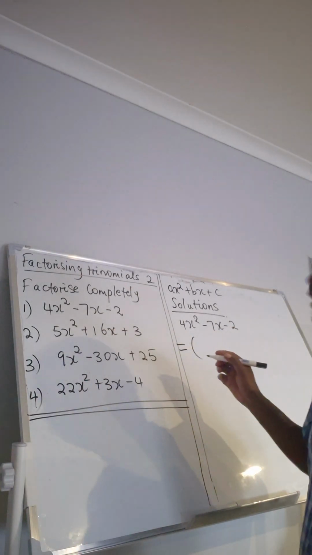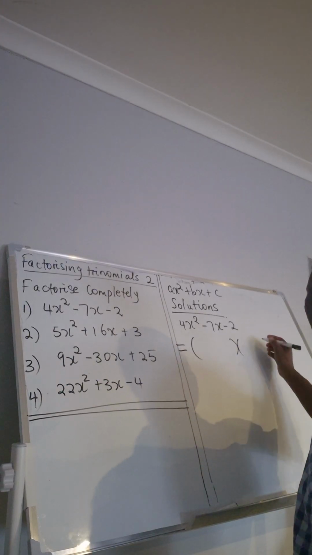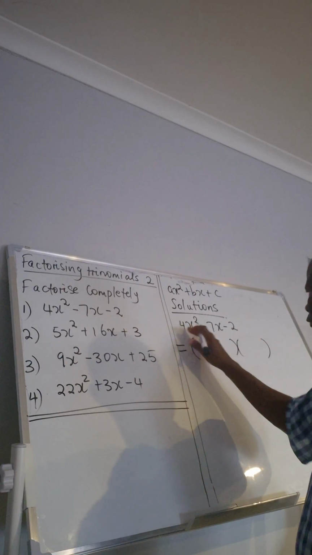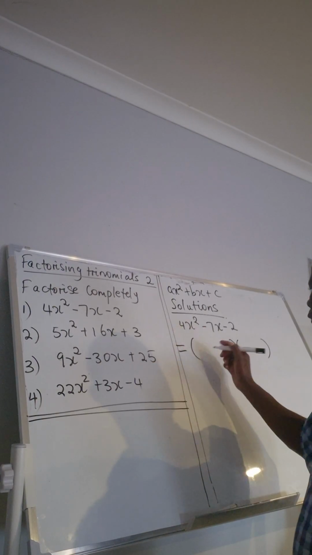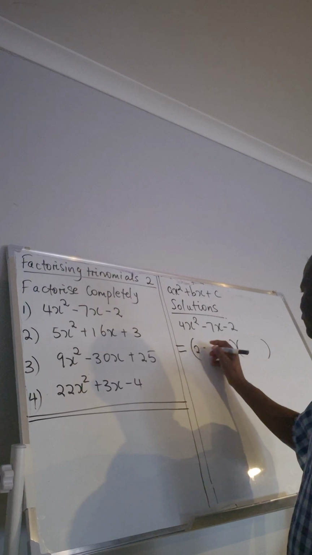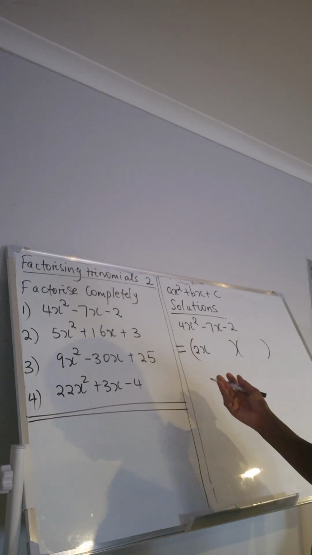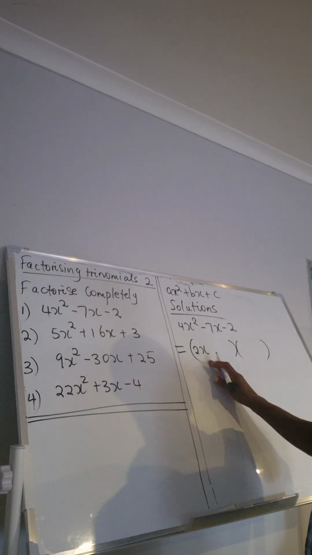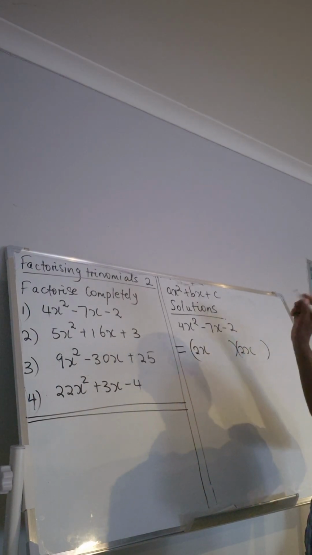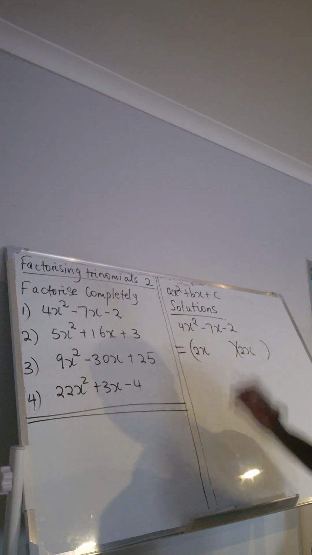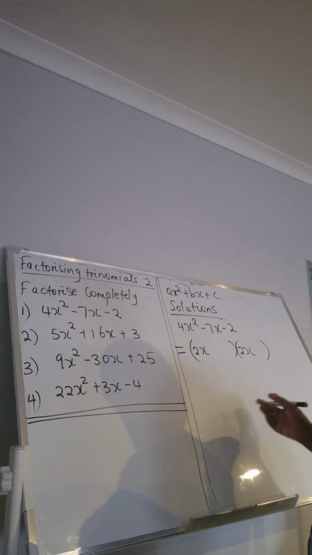Obviously, as a quadratic expression, we are going to have 2 brackets. You find factors of 4. You break 4x squared into its factors. In this bracket, yes, we can use 2x and 2x, or we can use 4x and x. So 2x this side, 2x that side. Then we try factors of minus 2.